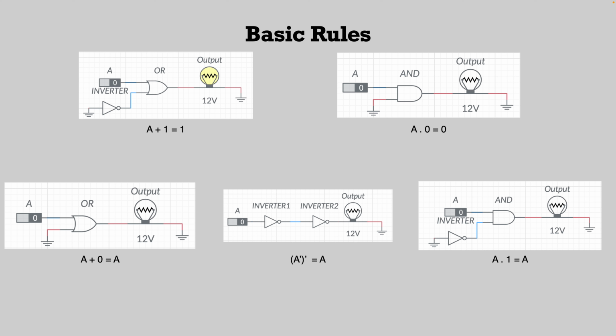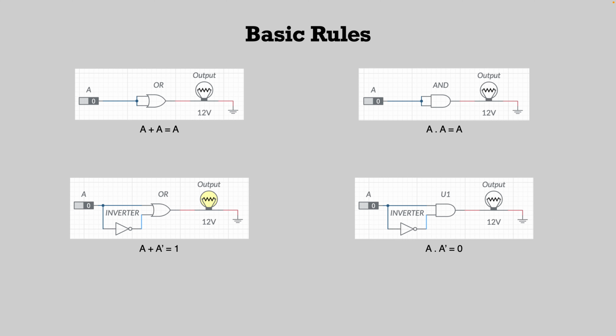So if you had a schematic like this, or an expression, you could reduce the number of gates. And lastly, we have A AND 1. In that case, the output depends on the value of A, because the other input is always 1, and the AND gate requires both to be 1. So if one is already 1, the output depends on that variable A.